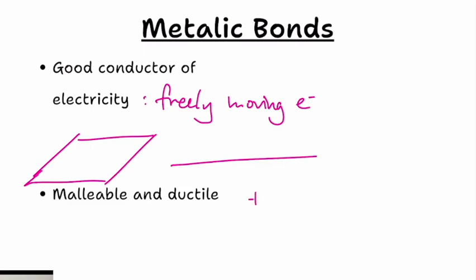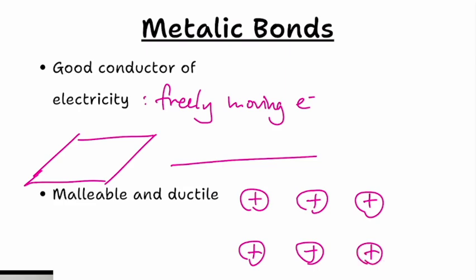These are the metallic cations. They form a lattice, highly organized, and in between them we have the freely moving electrons. Since electrons are free to move, the attraction between the metallic cations and electrons is considered a metallic bond.